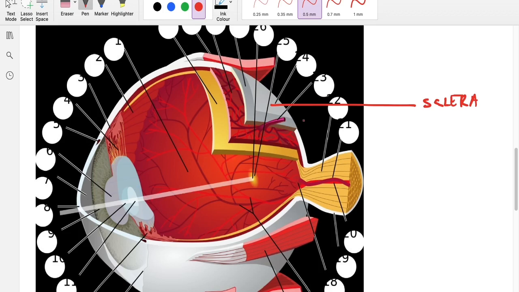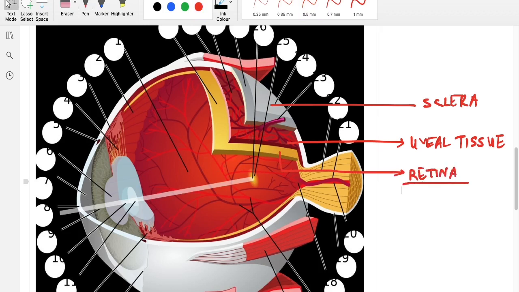The second layer is this reddish layer: if you peel open the sclera, you will see the uveal tissue. I'm just mentioning the name. Inside the uveal tissue you will see one more layer that is called the retina. You need not think that all these colors are for real, it's just for illustration purposes.